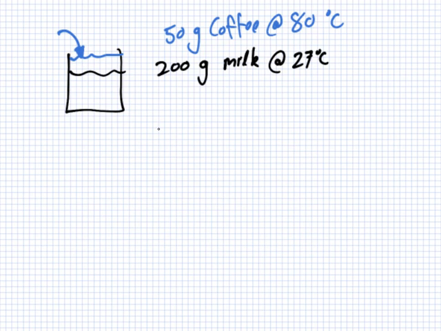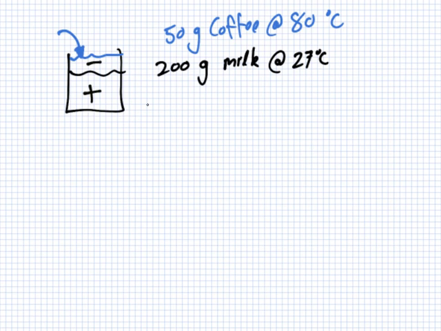Okay, so let's calculate this. It's important for these mixing questions that you clearly understand who is gaining and who is losing energy. So let's start with the milk. Will the milk gain energy or lose energy? Yeah, because the milk starts off cold and you mix in something hot. So the milk will gain energy, and the coffee will lose energy.